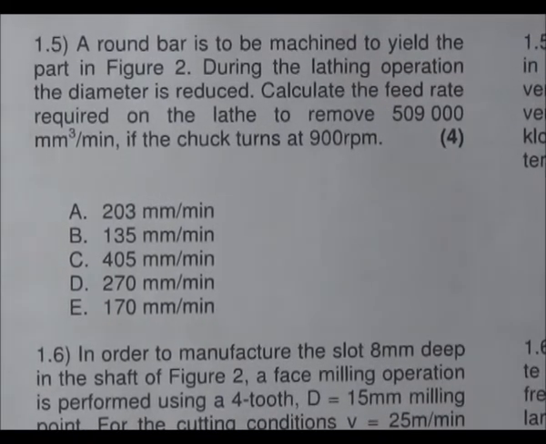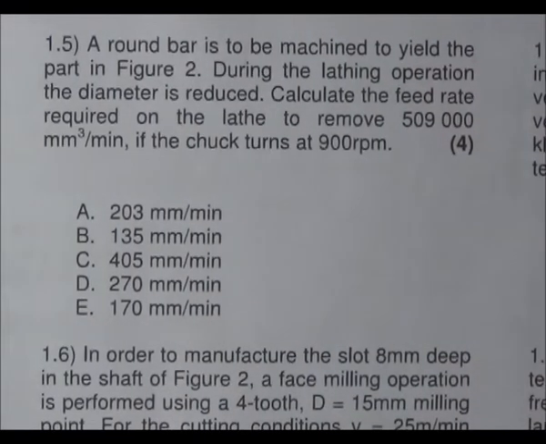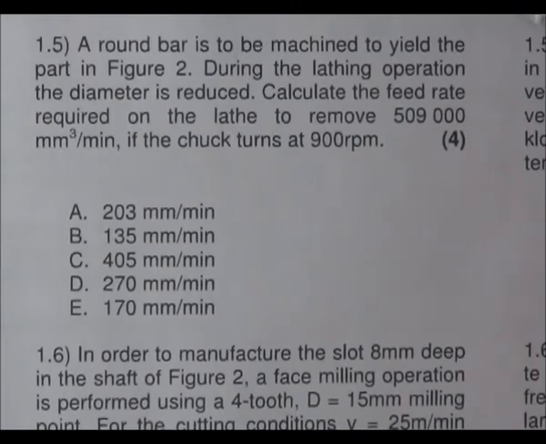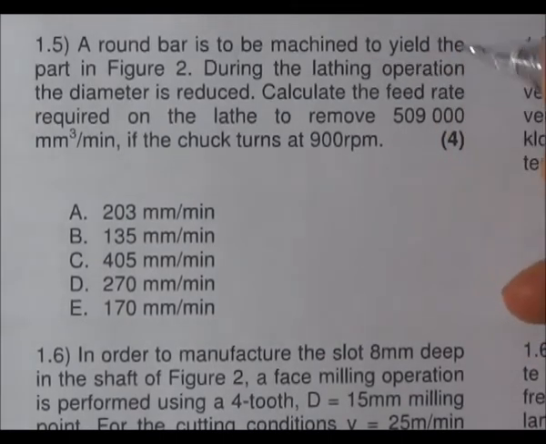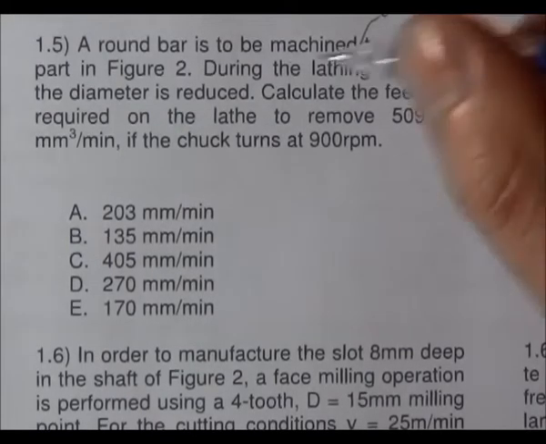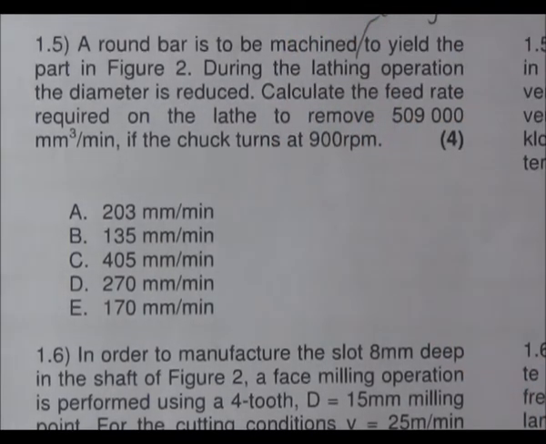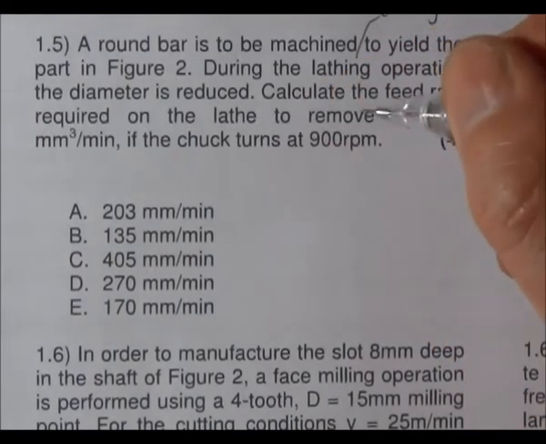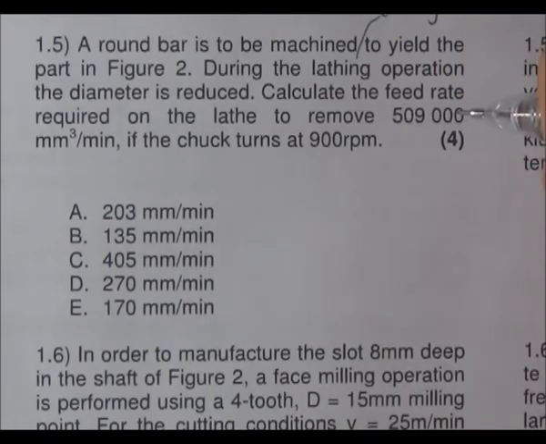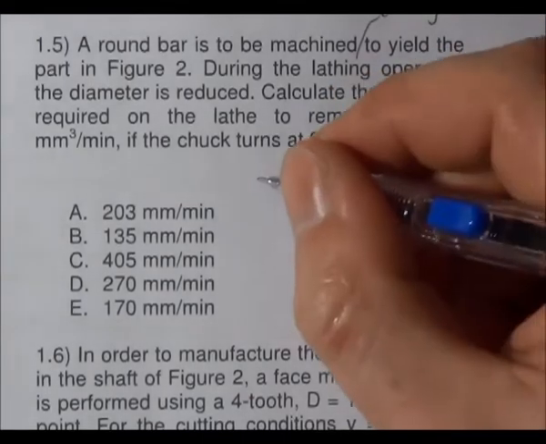That means correct option is 1.4 B. Question 1.5. A round bar is to be machined to yield the part in figure 2. During the lathing operation, so lathing is turning, the diameter is reduced. Okay, that makes sense, we've already identified that. Calculate the feed rate required on the lathe to remove 509,000 cubic millimeters per minute if the chuck turns at 900 RPM.